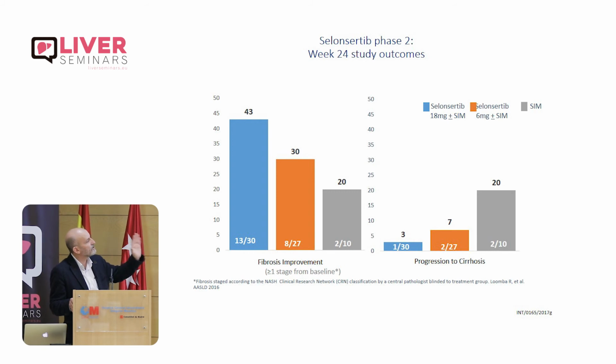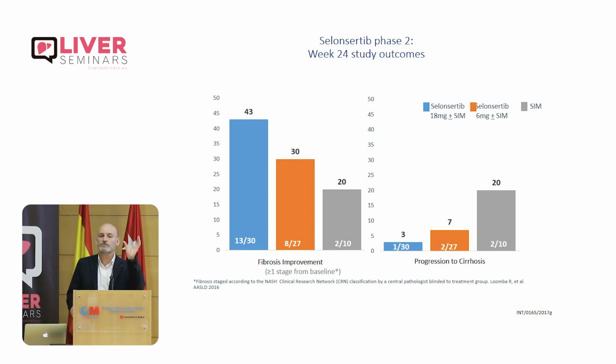You can see how selonsertib 18 milligrams, in comparison with 6 milligrams or simtuzumab, a drug that has been withdrawn and showed a similar result to placebo, led to improved fibrosis in 43% of patients with advanced fibrosis. Also, 20% of patients could progress to cirrhosis when receiving simtuzumab or placebo, and in patients receiving selonsertib, it's just 1 out of 33.